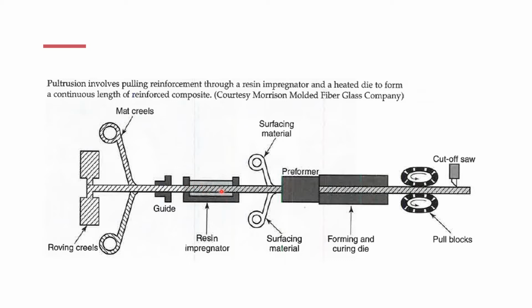This is where you saturate the resin, and then we have the surfacing material right there, and here is your preform, and this is your die. This is where you form with your heat, your temperature controls everything there, and then you're going to pull it out and then cut. So this is just a two-dimensional view, starting from your roving creels all the way to the cut saw.